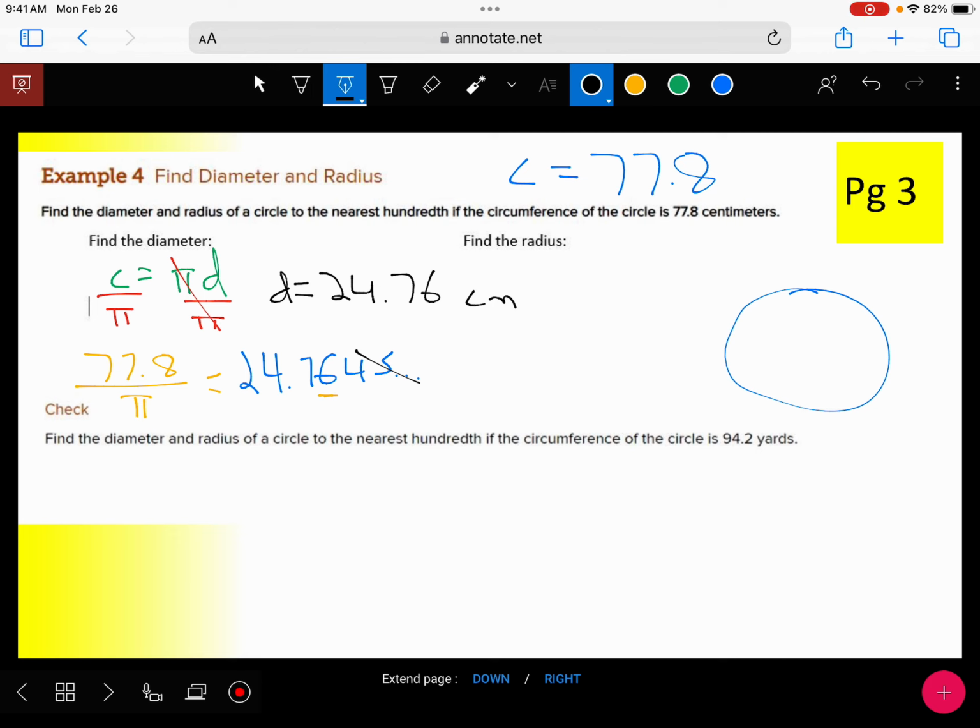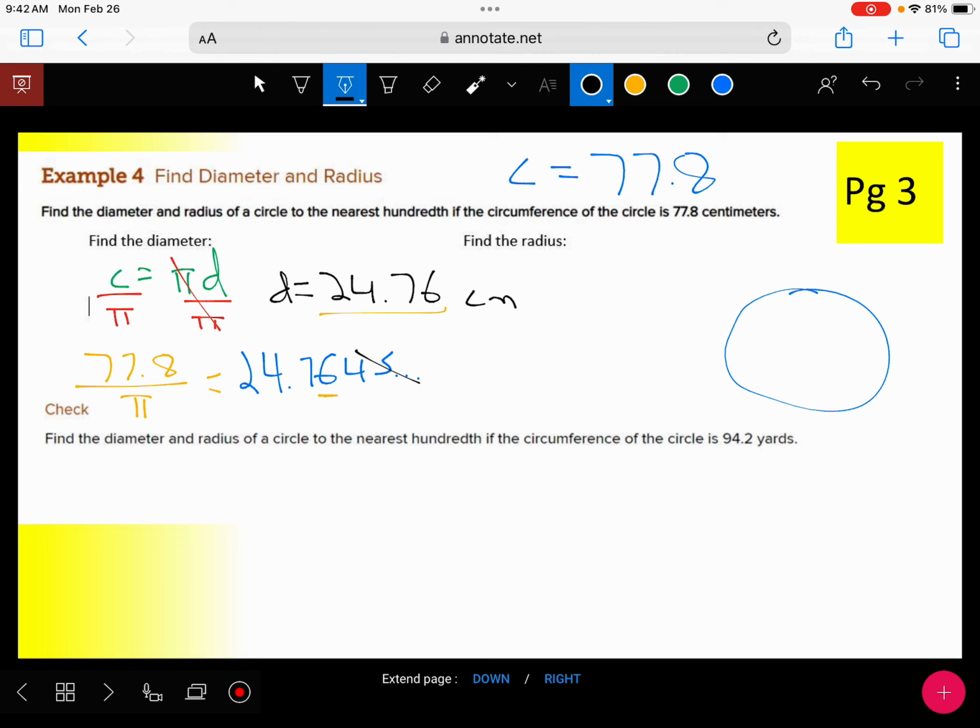The really nice thing now is that we found the diameter, and it is super easy to go between diameter and radius. Here, we still need to find the radius, but all we have to do is use the number that we just found, this 24.76, and divide by 2, and we'll get our radius.